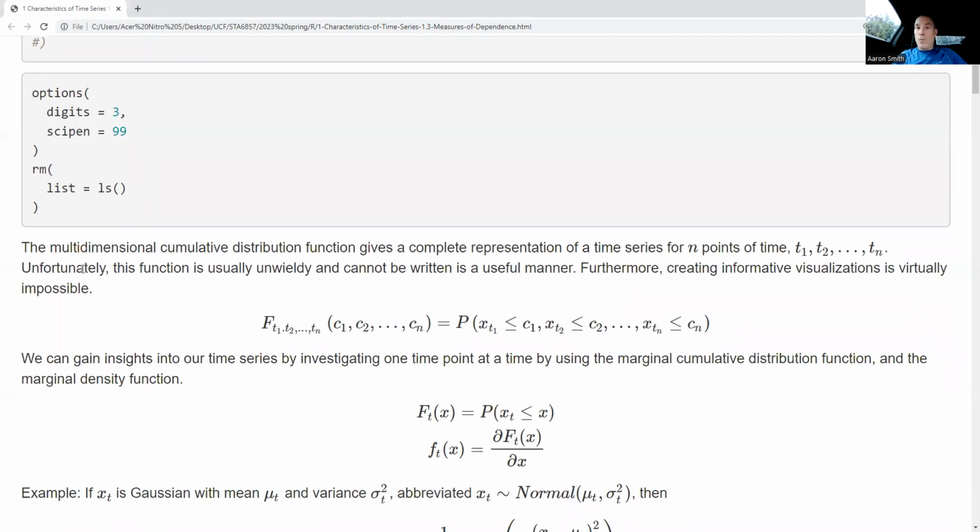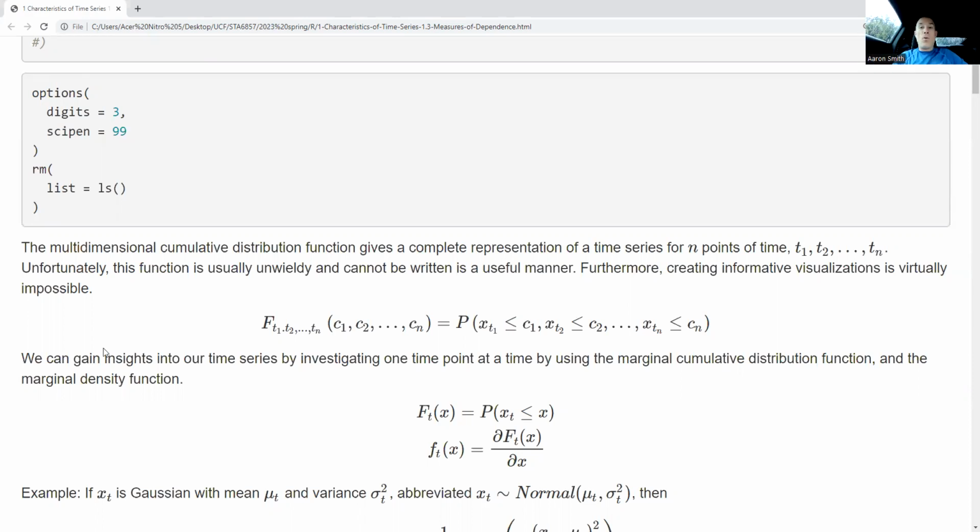All right, so we're talking about time series. If I have particular points of time that we're interested in for the same time series, one way to tackle it would be to look at the multidimensional cumulative distribution for all n points of time.